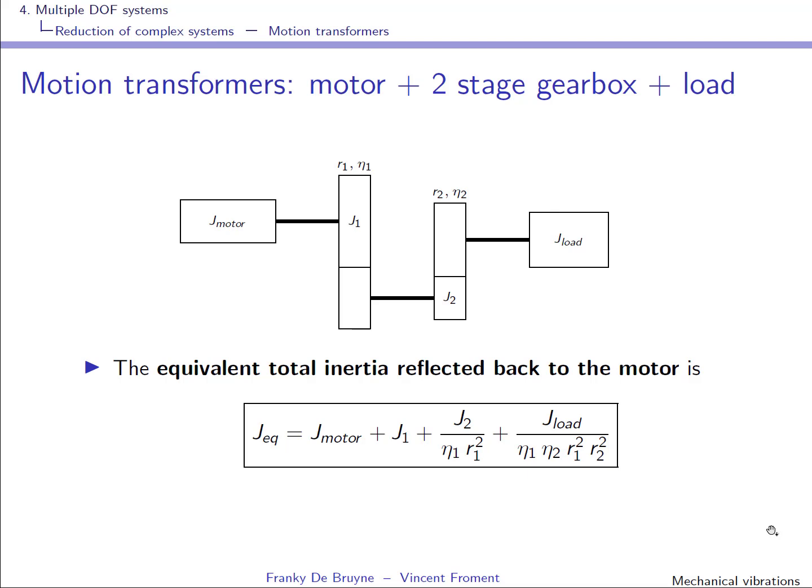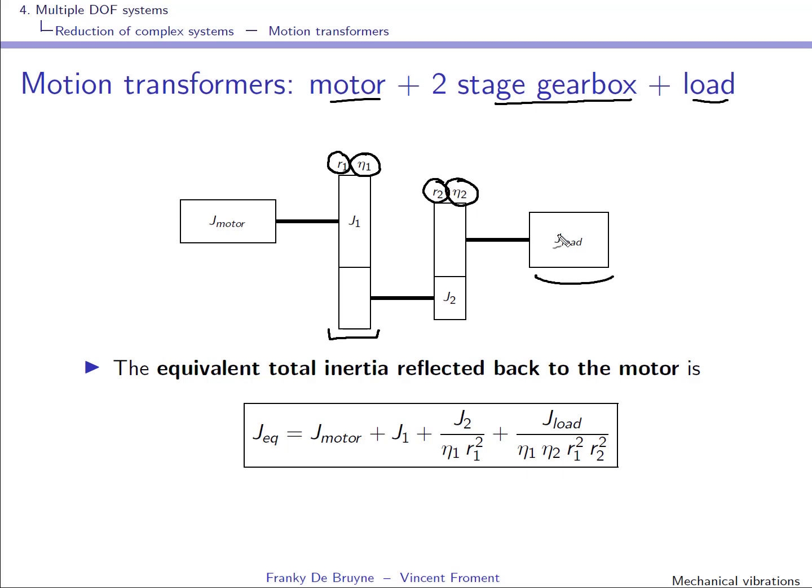Well, let's look at an example: a motor with a two-stage gearbox plus load. So we've got the load over here, the first stage with its associated gear ratio and gear efficiency, and the second stage with its gear ratio and associated efficiency.